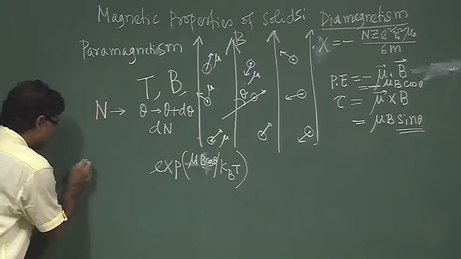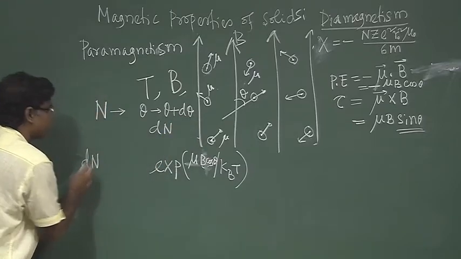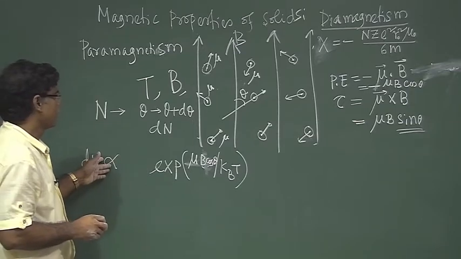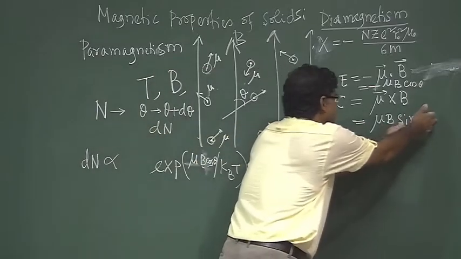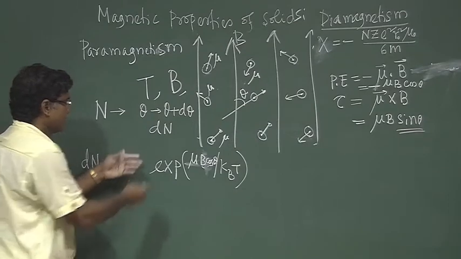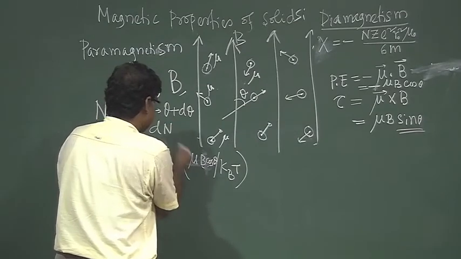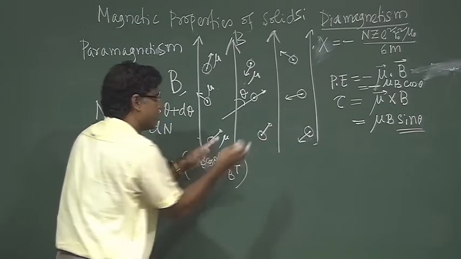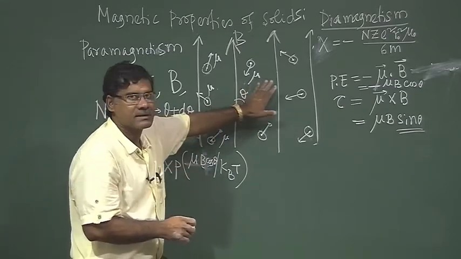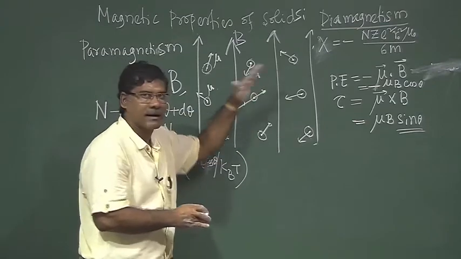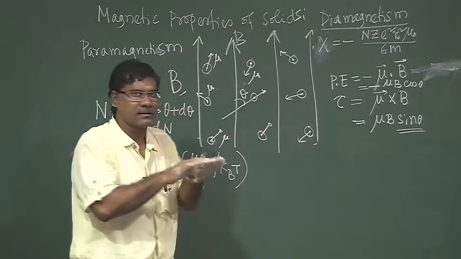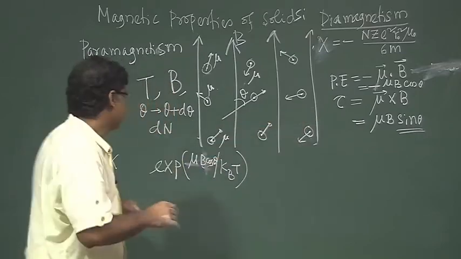So I can write dn is proportional to, due to the magnetic field, this factor sin theta, and due to thermal energy, this is the other factor. There is a competition between these two factors, and at equilibrium there will be some equilibrium angle where both factors contribute equally.